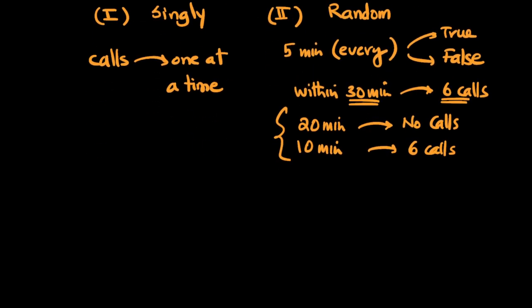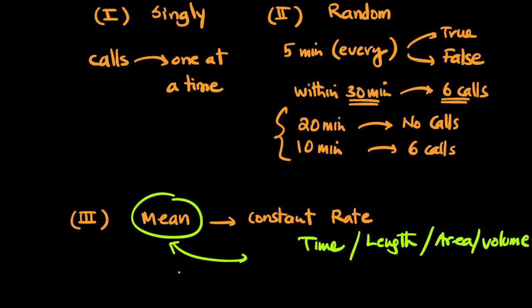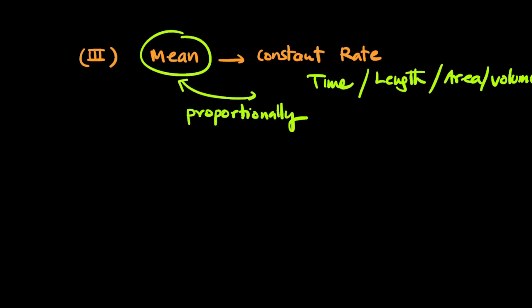Now, what is the third condition? The third condition is the mean is occurring at a constant rate. That means if I change the time period, if I change the interval of length or area or volume, the mean will change proportionally. So let's take the example of telephone operator.